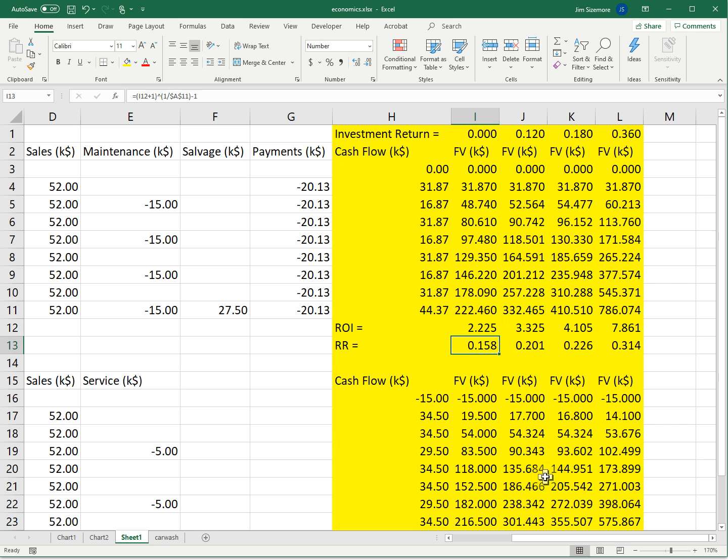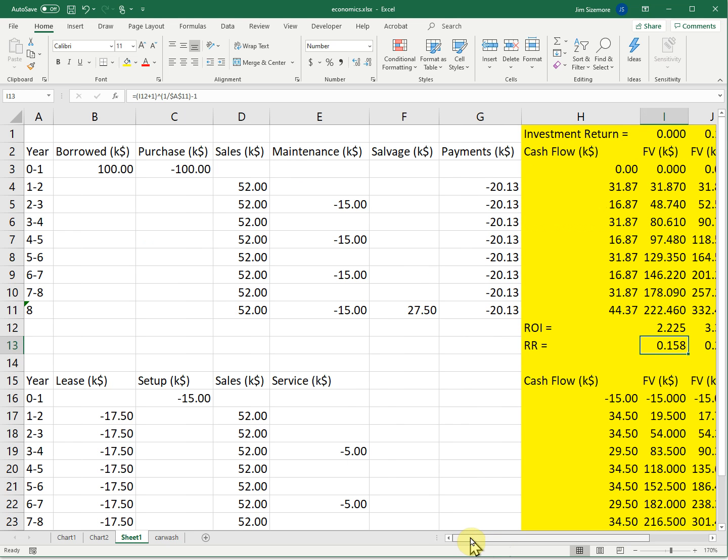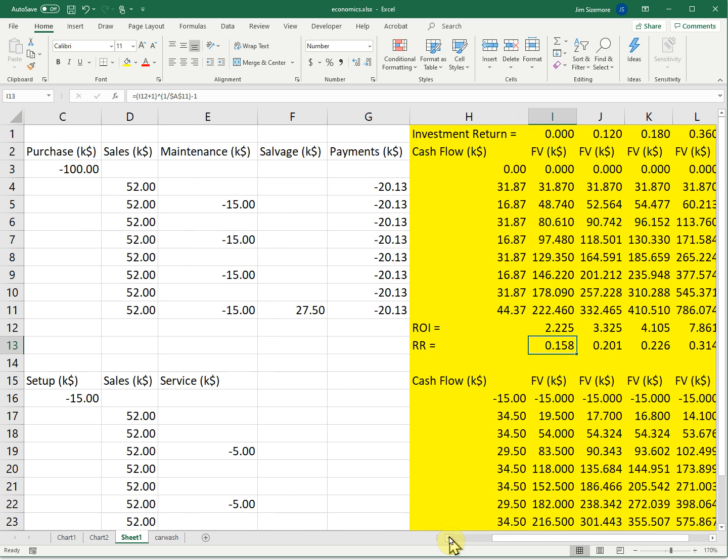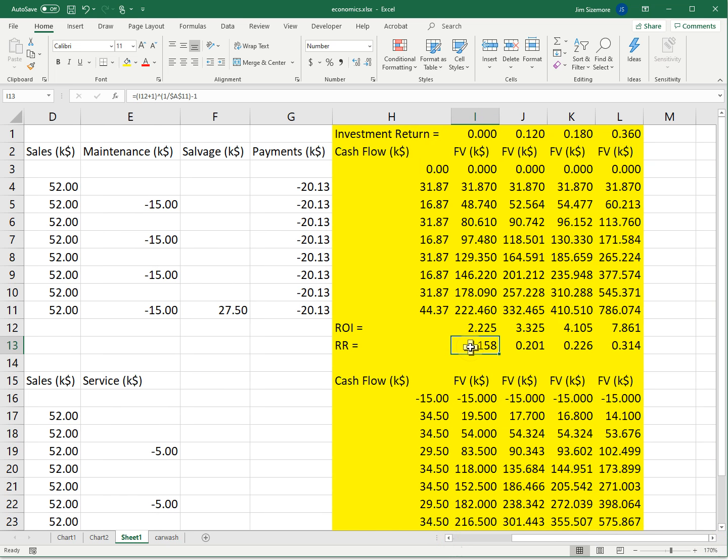Now, you'll notice something interesting. The ROI for the case where you borrow the money and then purchase the equipment: the rate of return is less than what you can make at the bank or your investment portfolio, whatever your investment portfolio is.